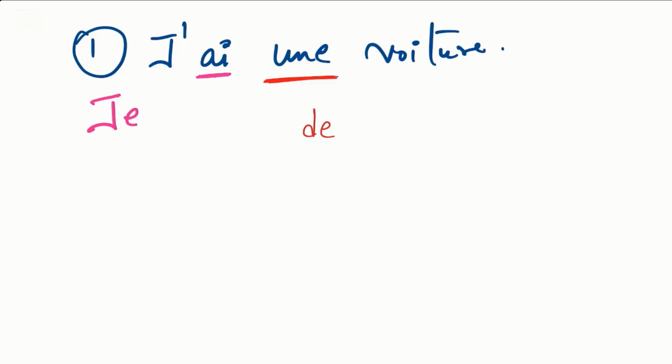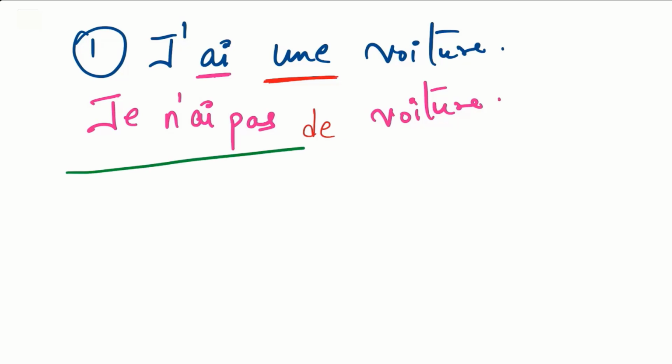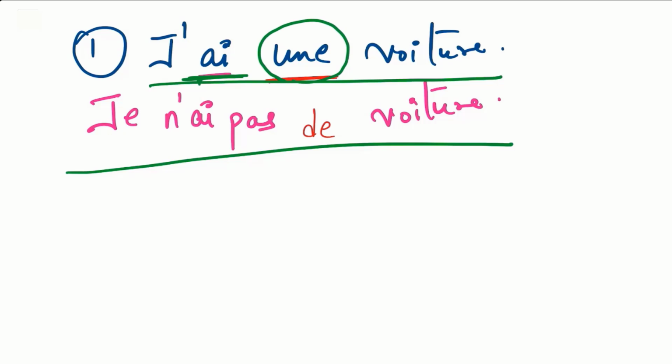So ne, an apostrophe, then ai and pas, and then the rest of the sentence. D'accord? So this is our sentence. I put ne and pas before and after the verb. I changed the indefinite article into de and the rest of the sentence is as it is. I have a car. I don't have a car. D'accord?